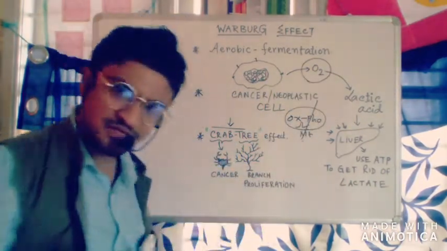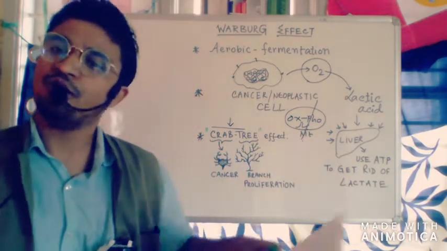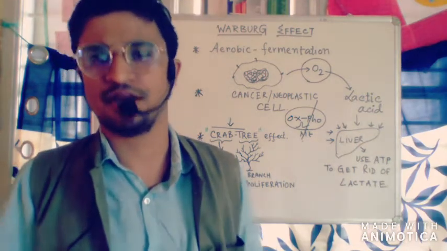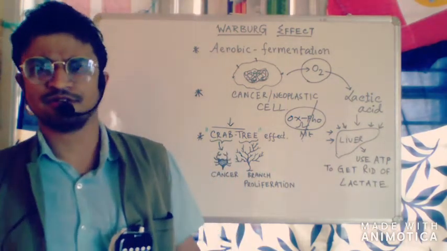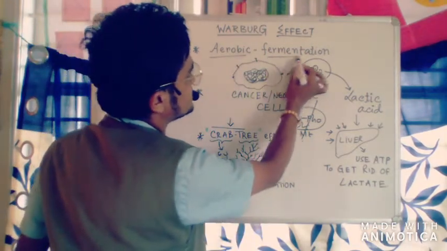Oxygen is present, but they will move to the glycolysis pathway, and not that much oxygen is required. You know, in glycolysis you don't need oxygen at all. So oxygen is present, in an aerobic state, and they start fermentation.